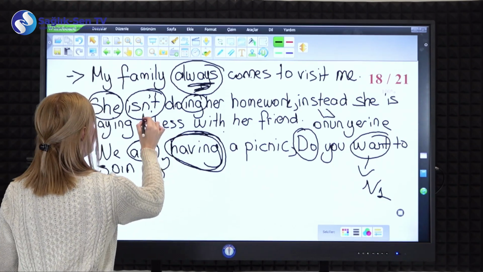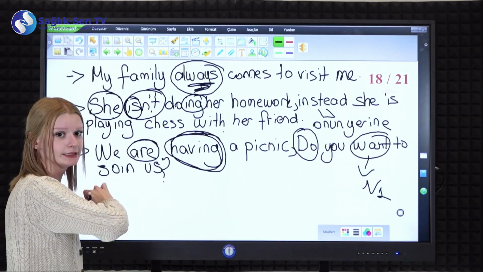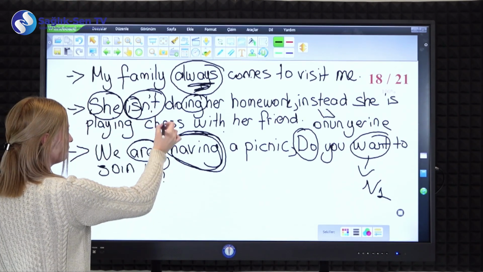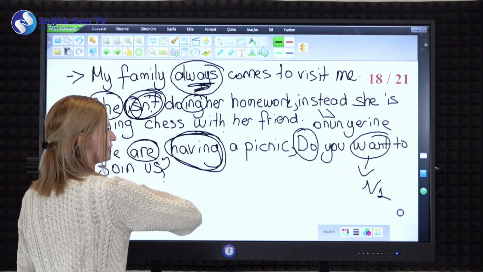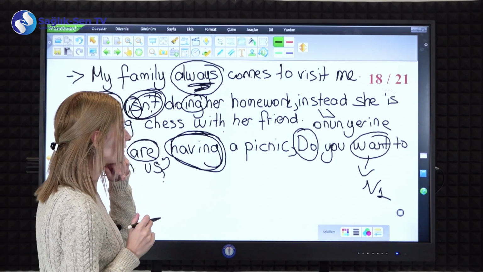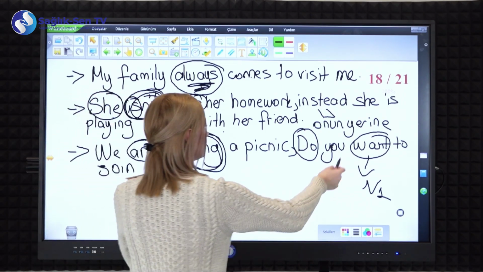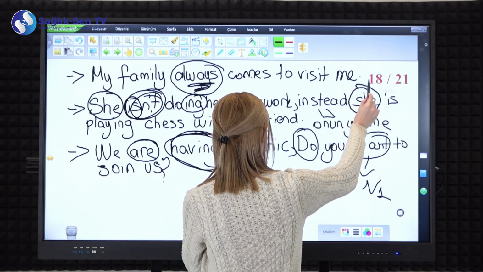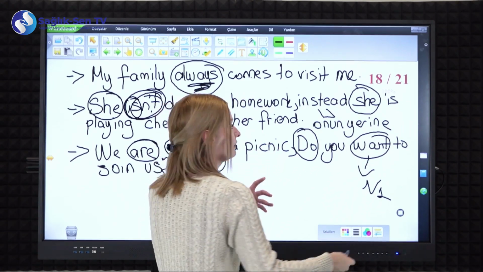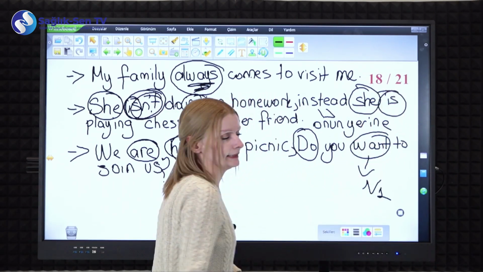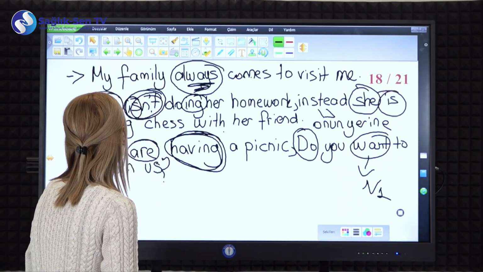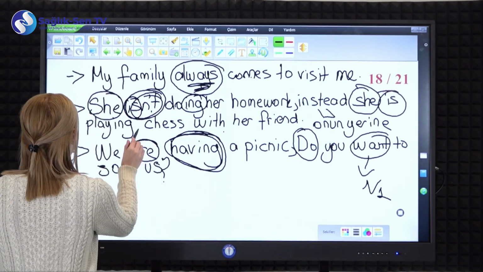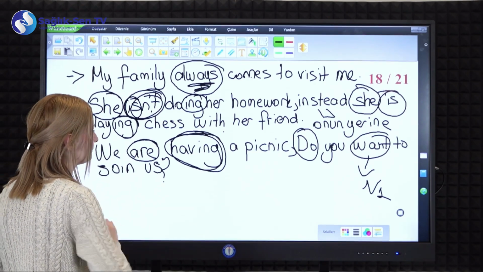My form of be is, since it's negative, isn't, is not, my verb ing, and let's have a look at the second sentence. Again, my subject is she, and since it's affirmative, we get is, the right form of be, playing my verb ing, and that's it.